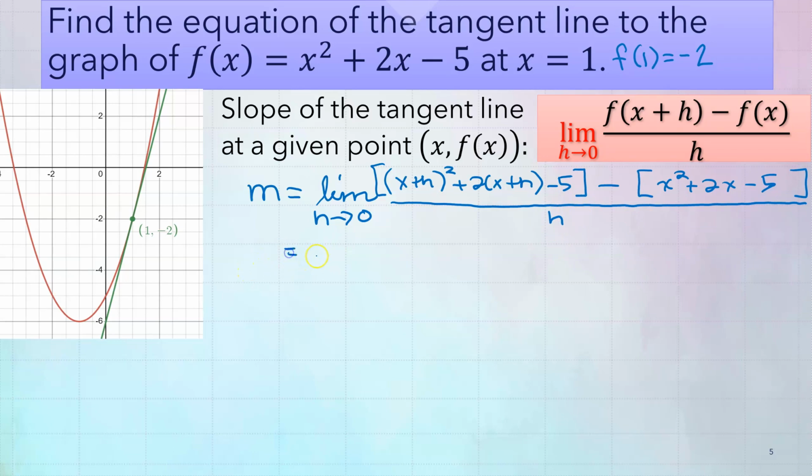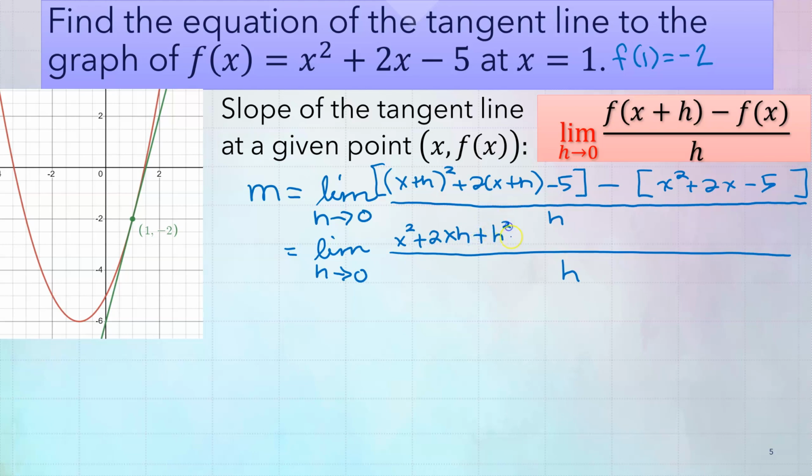So then the limit as h goes to 0 of, when we expand this out, this would be x squared plus 2xh plus h squared plus 2x plus 2h minus 5 minus x squared minus 2x plus 5.